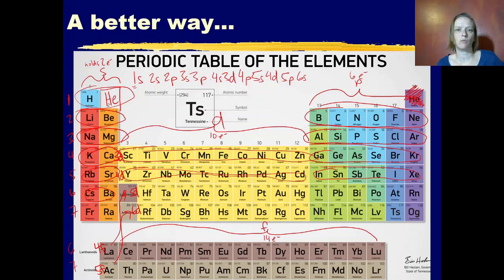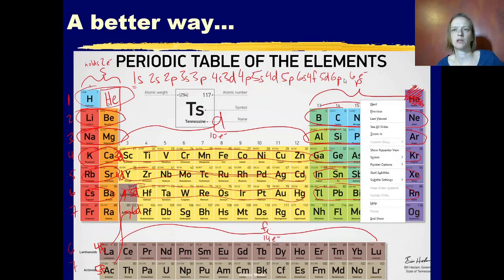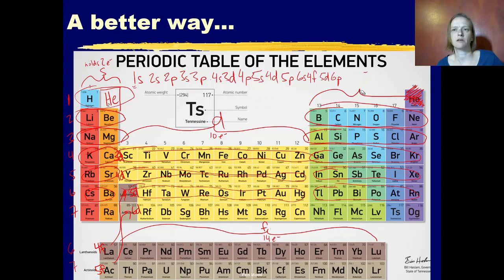Now, look, we have to look down below at the lanthanide series. The 4f, the 5d, the 6p. I'm just going to erase this label here so that I have a little bit of room for all of my sublevels to write down.